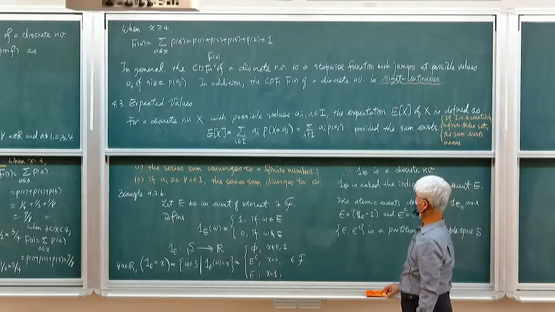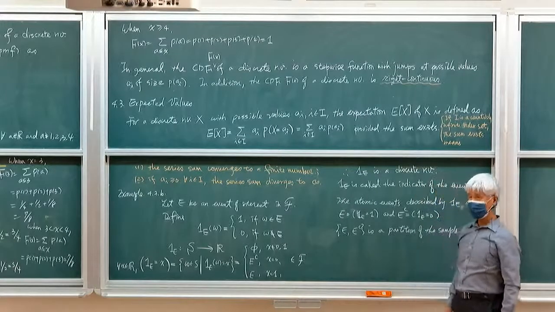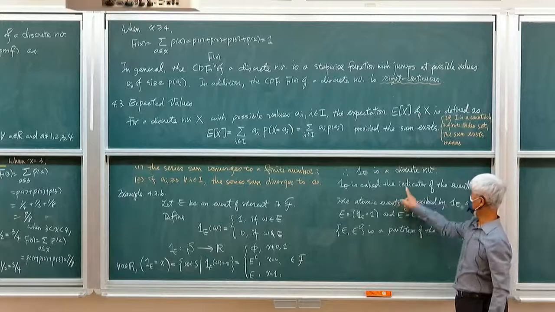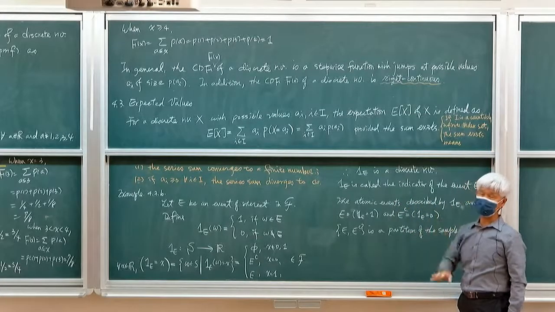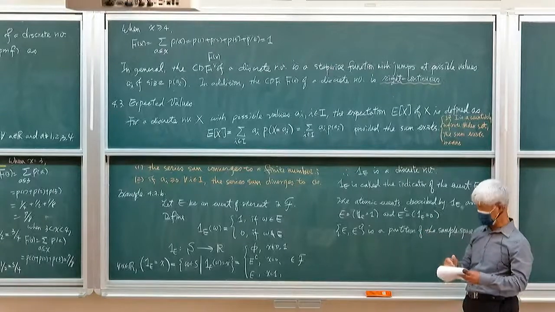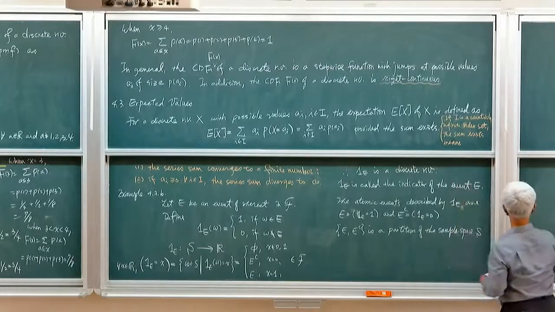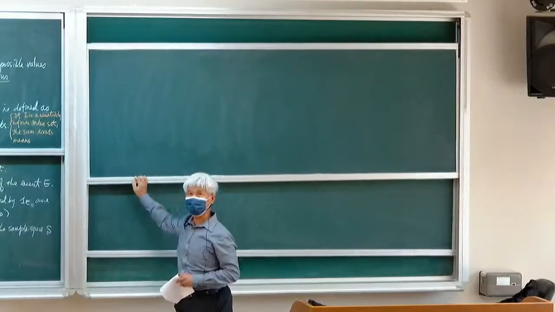Sometimes it's better to use the indicator of an event instead of the event E itself, as you will see later. Any questions?